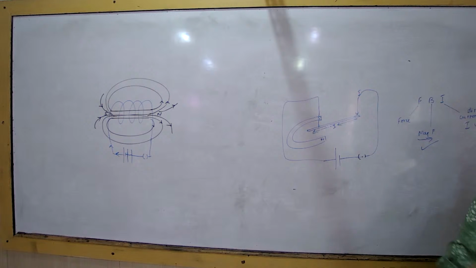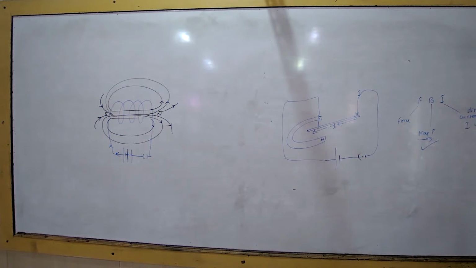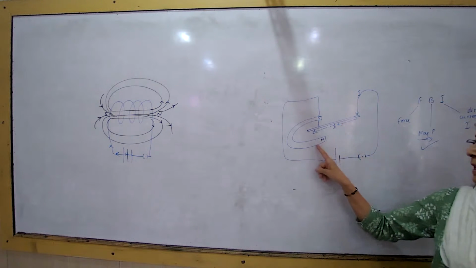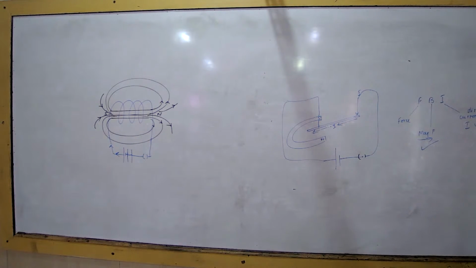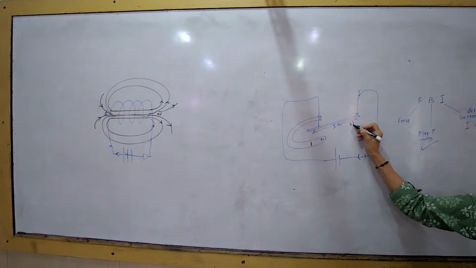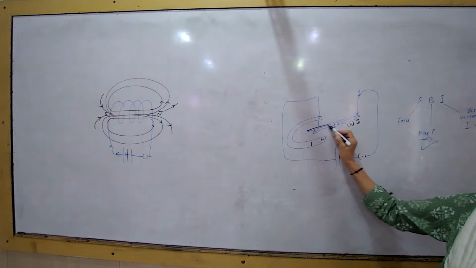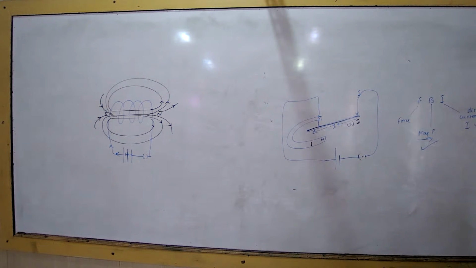That is where our electromagnets come into play. We can increase the strength of a magnet by having an artificial magnet, an electromagnet. So how can we increase the deflection here? By increasing the strength of the magnetic field. Second, by increasing the current. And the third one is by increasing the length of the rod.